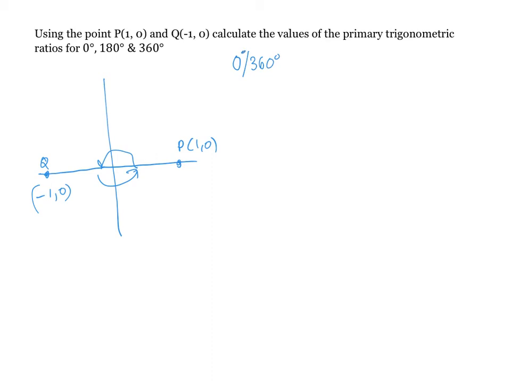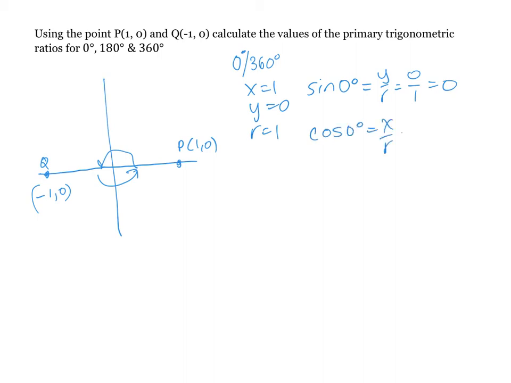Again, x equals 1, y equals 0, and r equals 1. So sine of 0 degrees equals y over r, which is 0 over 1, which is 0. Cosine of 0 degrees equals x over r, which is 1 over 1, which is 1. And tan of 0 degrees equals y over x, which is 0 over 1, which is not undefined, it's 0. Let's do the same thing for 180 degrees.